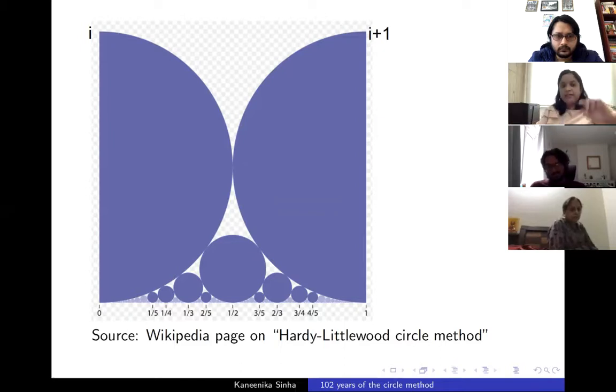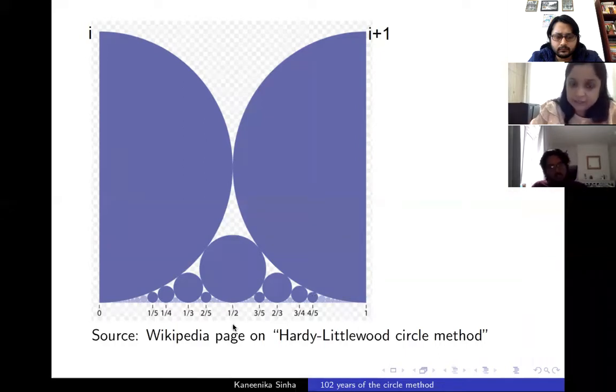And what are these rational numbers? You write them out in a certain order. First you write those numbers which have denominator 1, so 0 over 1 and 1 over 1. Then you write those rational numbers which have denominator 2, so 1 over 2 and 2 over 2, which is already there. And remember, we are taking a over q, where a and q are coprime.